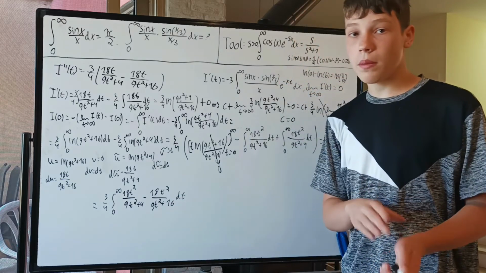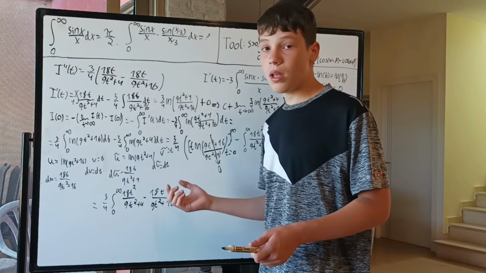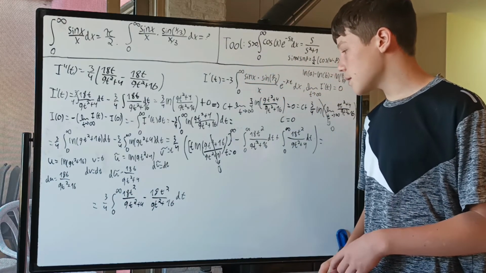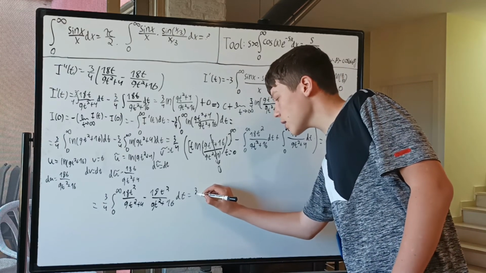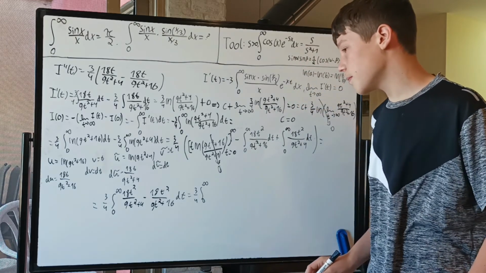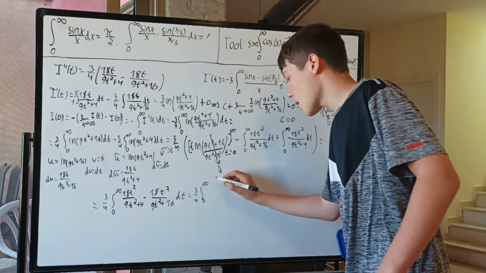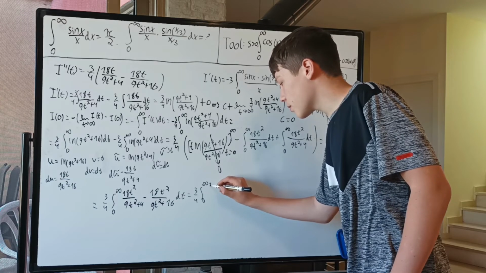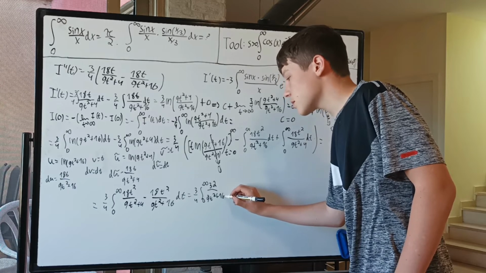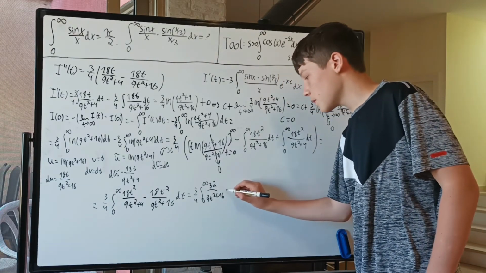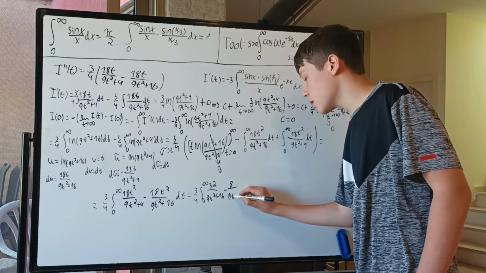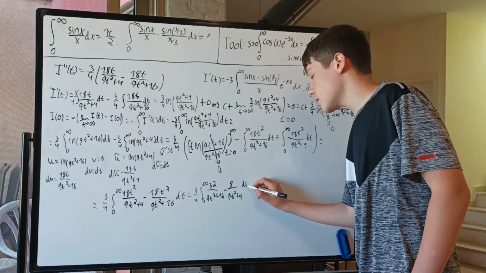The minus 2 and the plus 2 we'll use to get rid of these t squareds. I'll let you check quickly that what we have left is 32 divided by 9t squared plus 16 minus 8 divided by 9t squared plus 4 dt.